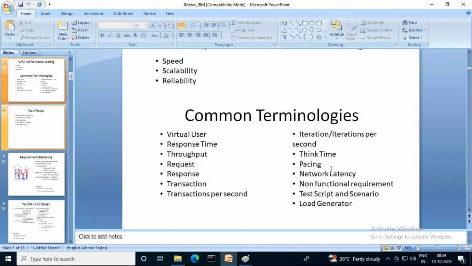In performance testing, we always try to simulate production behavior, real user behavior. So if a real user is giving think time, should we not include think time in our scripts? We should definitely include it.